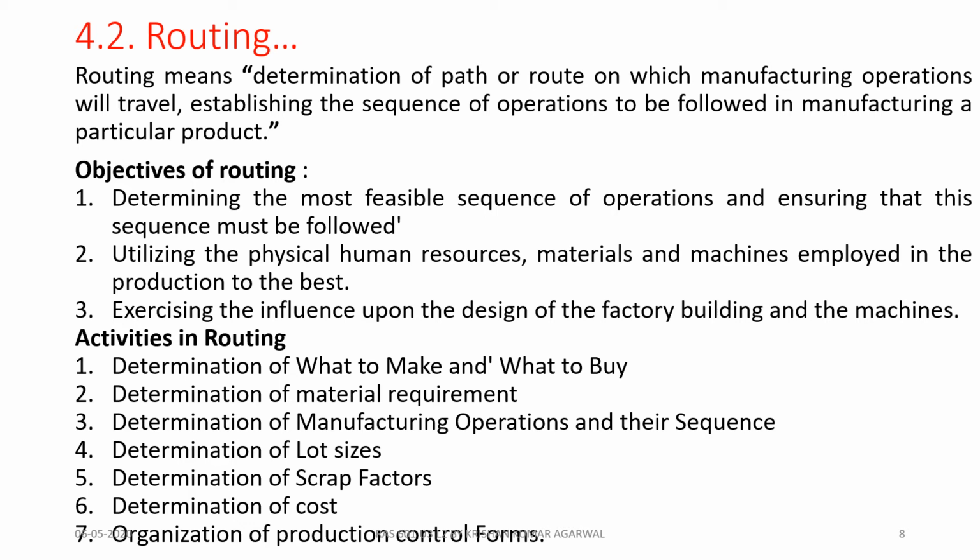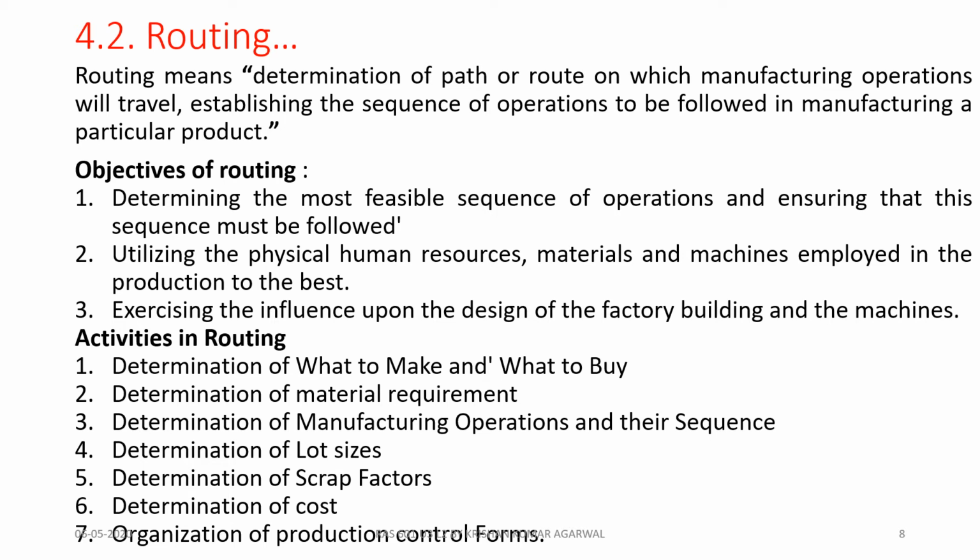If the route is not proper, if the layout is not proper, and one machine is placed, after that machine number 5 is placed, after that machine number 3 is placed, after that machine number 4 is placed, then undue movement of material will take place on the shop floor, and the overall cycle time to manufacture the good will increase.